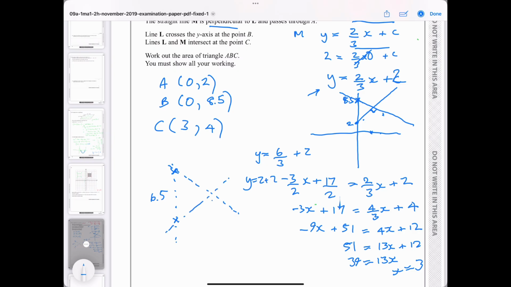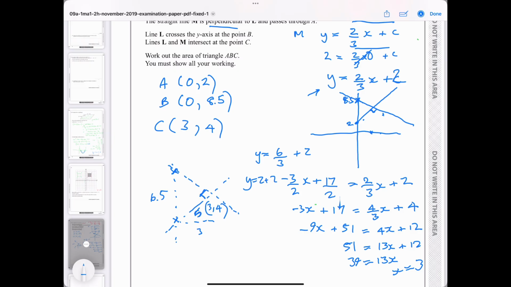So that's C, and that's at 3, 4. So that means this bit, and hang on, this is a right angle. So that's 0, 1, so that's 3, 4, so that is 5.